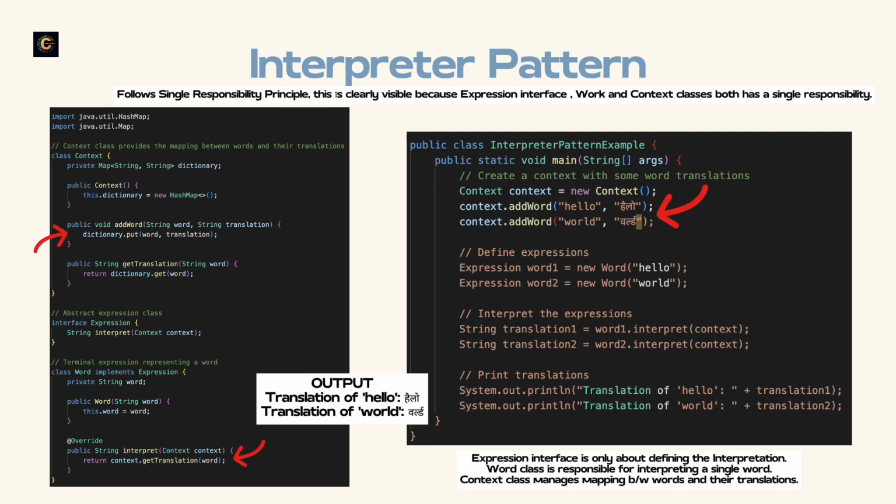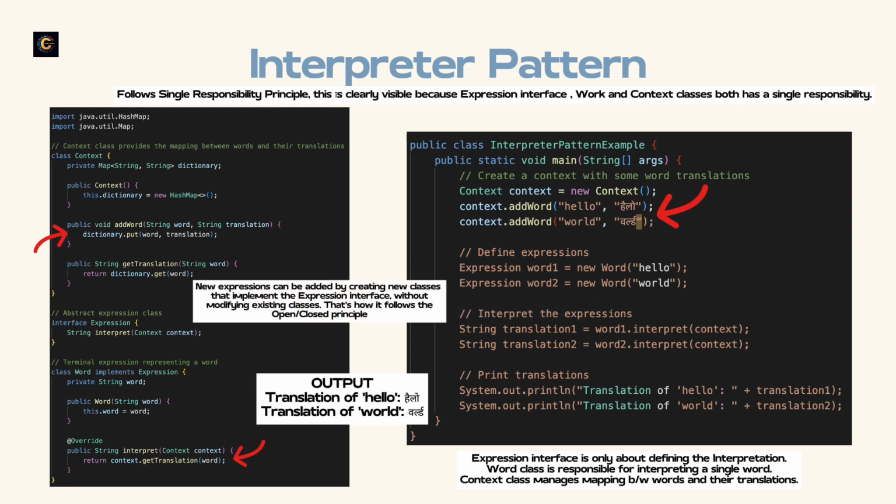Context class manages mapping between the words and their translations. New expressions, words or sentences can be added by creating new classes that implement the expression interface without modifying existing classes. And that's how it follows the open/closed principle.